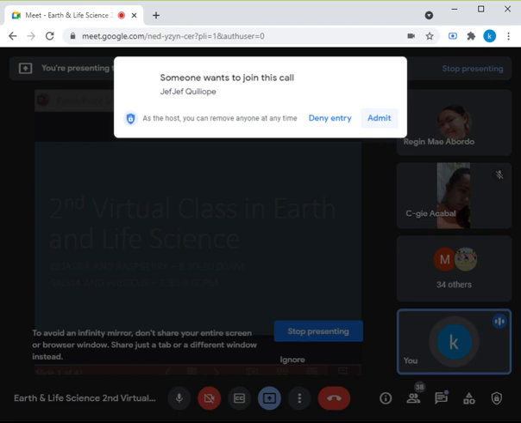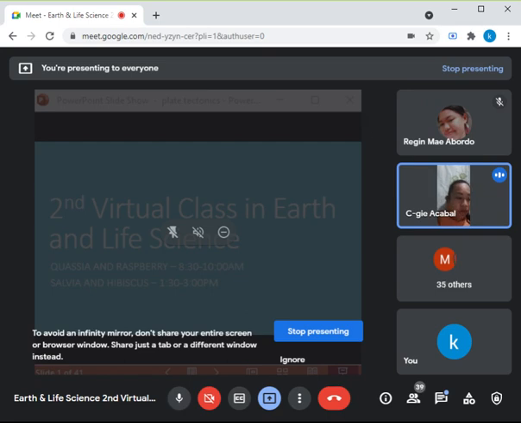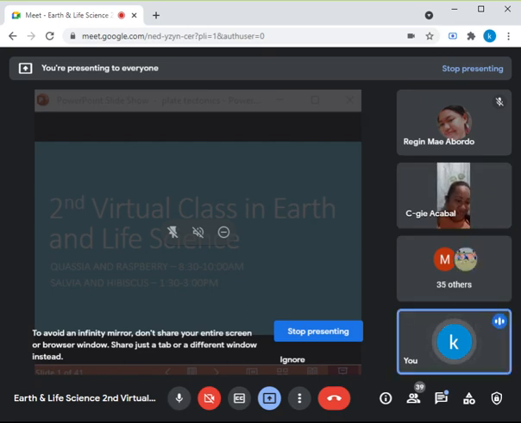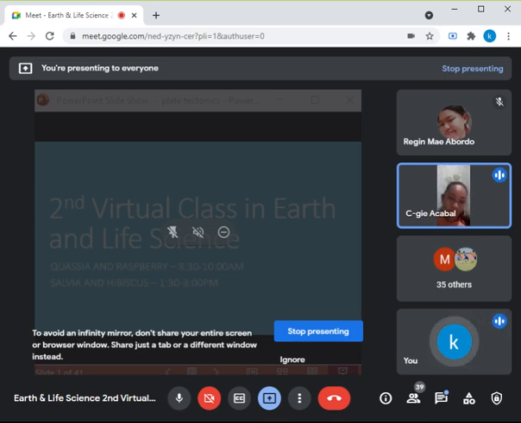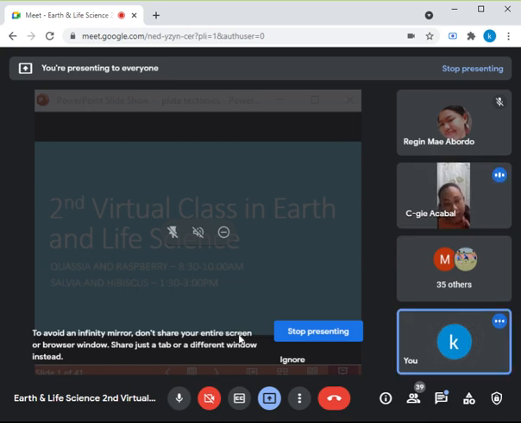Aside from that, what can you add, CJ? Okay, very good. We have also discussed about the different internal structures of the earth. So the first layer is the crust, okay, followed by the mantle, then we have the outer core, and then we also have the inner core. Okay, very good.